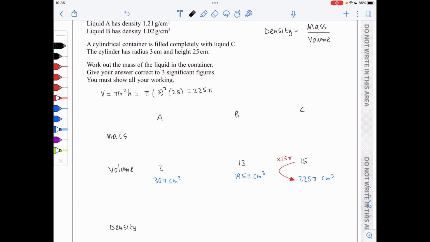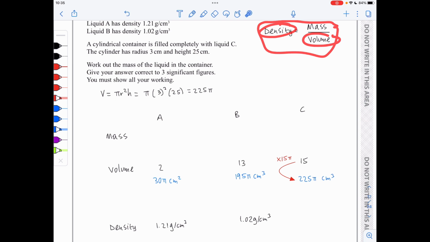We also have the densities. It's 1.21 grams per cubic centimeter for A and 1.02 grams per cubic centimeter for B. So to find the mass of A, I will be multiplying the volume by the density, because if you look at the formula here, density times volume is the mass.